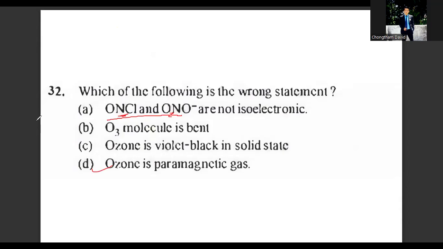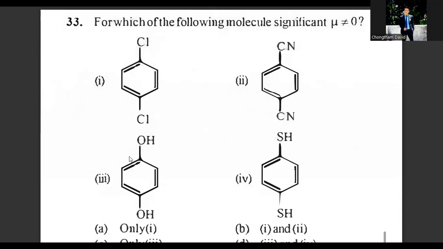Let us read question number 33. For which of the following molecules is the dipole moment significant, mu not equal to 0? So let us draw the structure of these molecules.